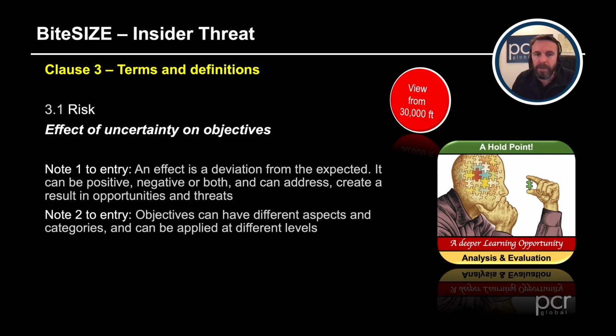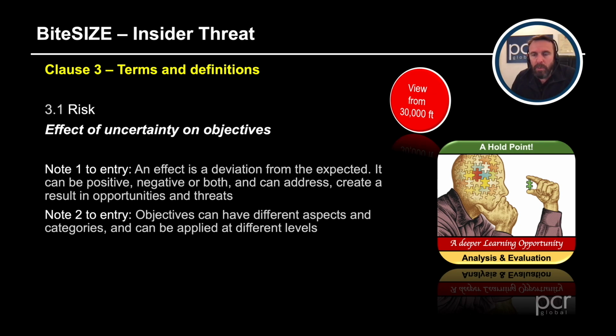Note 2: objectives can have different aspects and categories and can be applied at different levels. In ISO, when we're undertaking our audits, they say objectives should be set at different areas within the organisation, basically strategic, tactical, and operational.